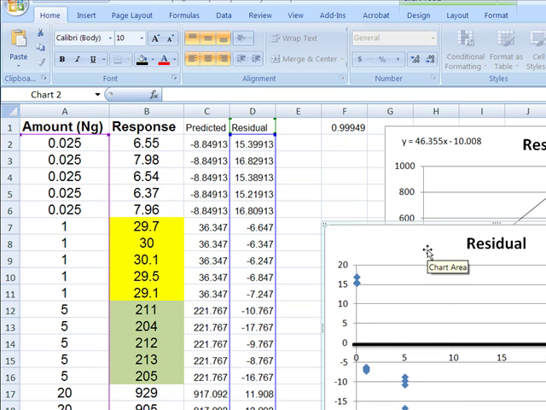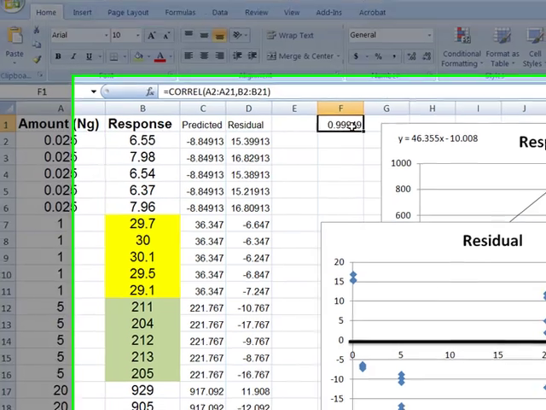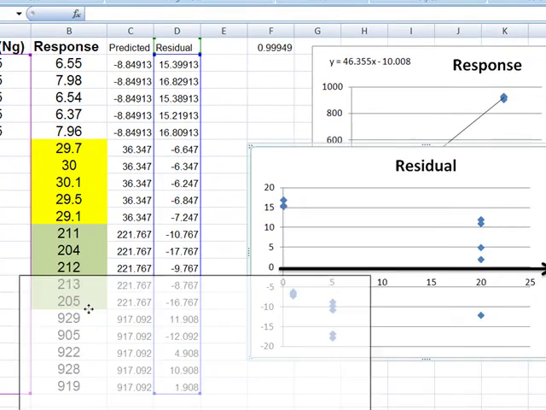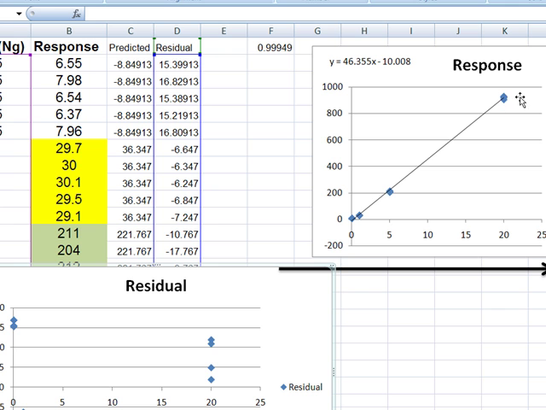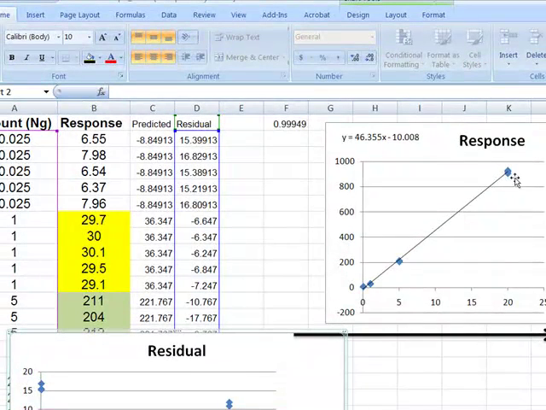So the moral of the story is that even though our R value is nearly perfect, almost 1, and even though the visual of the scatter plot seems to suggest a straight line model, the residual plot has amplified all these values so I can see how they're scattered around this line.